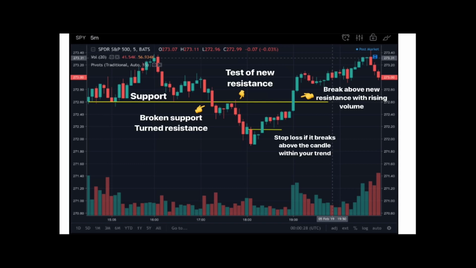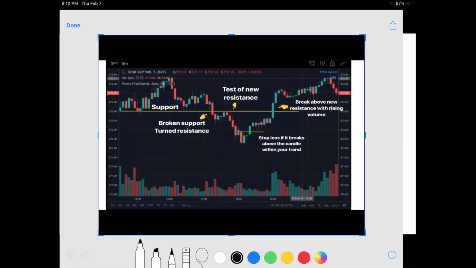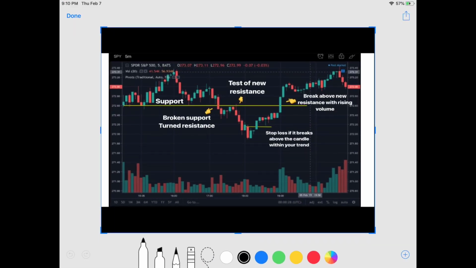Bam. I kind of put this all out for you guys. So this yellow line is our support line, right? And when it broke support right here, notice that it was accompanied by rising volume, but not a significant spike.